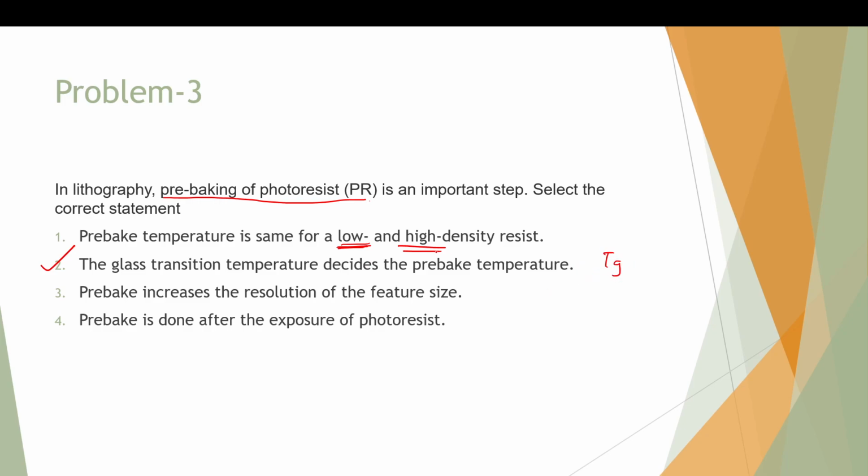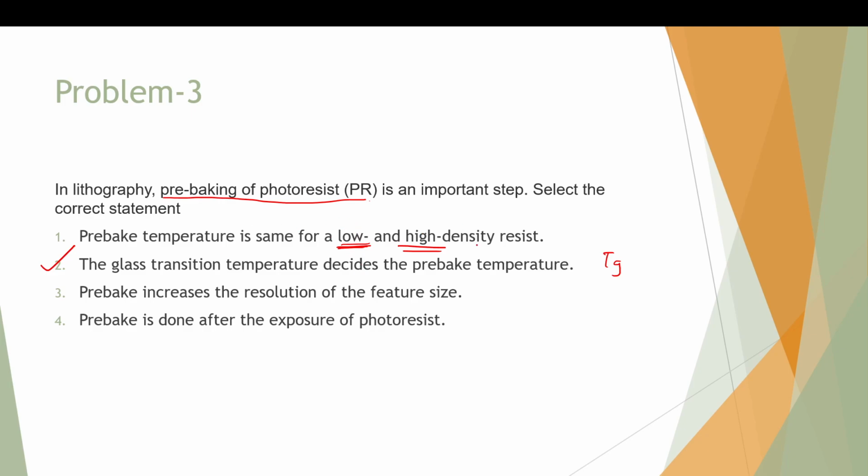So that's why we prefer high density resist when adhesion is a problem. When adhesion is a problem, we want the resist to stick strongly to the substrate. But when that is not a problem, we go for low density resist. There we don't heat it as much.